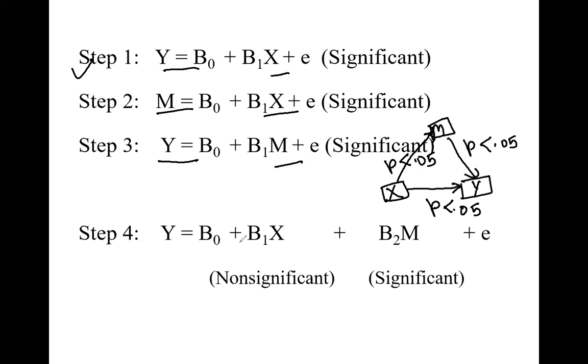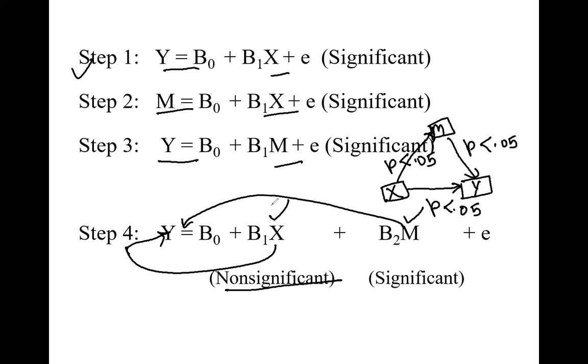Now we apply multiple regression analysis. Simultaneously we are taking 2 variables, the independent variable and the mediator variable. When we apply the multiple regression analysis, this relationship should be non-significant and this should be significant. It means one p value is greater than 0.05 and the other is less than 0.05.